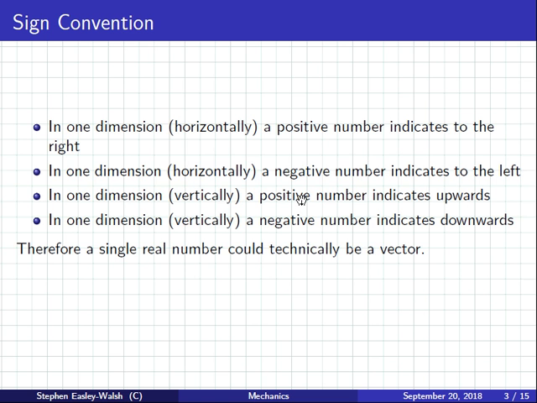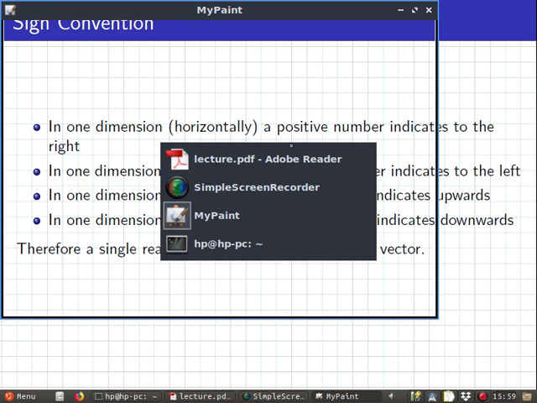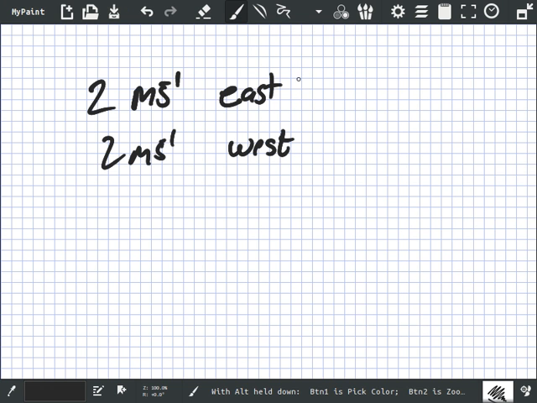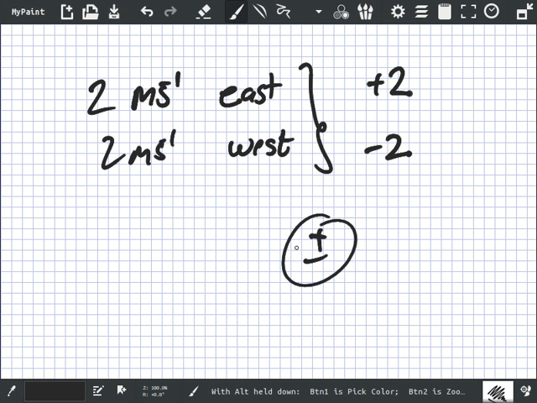For example, earlier I said 2 meters per second east or 2 meters per second west. You can change that into just +2 or -2. So the plus or the minus can be the direction.